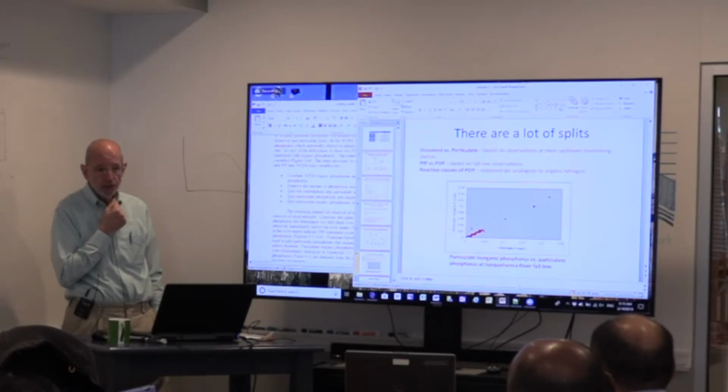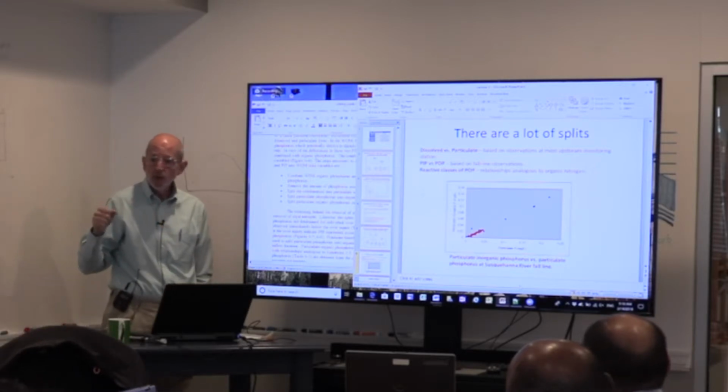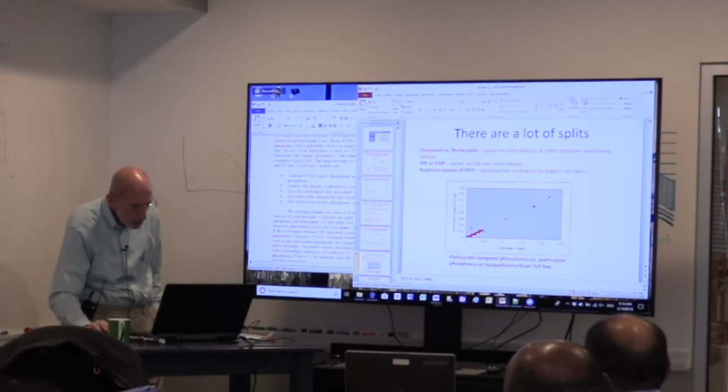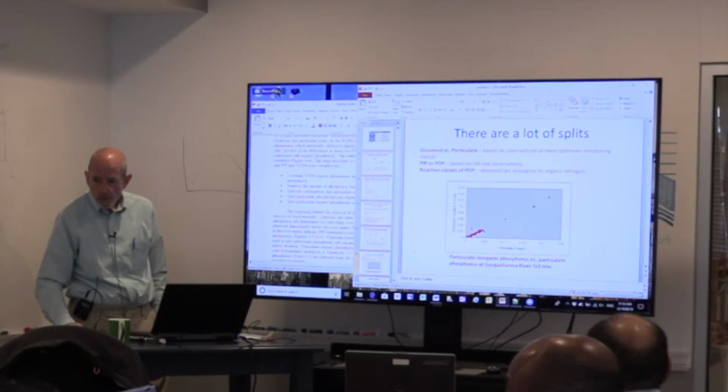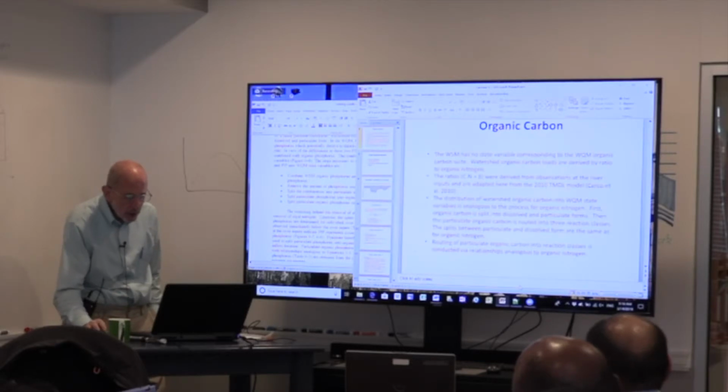I think around 40% of the particulate that comes over the dam at Conowingo is this inorganic form. So it's a lot. Okay, so that's the really non-reactive stuff because it's your PIP. That's correct. Page down, organic carbon.